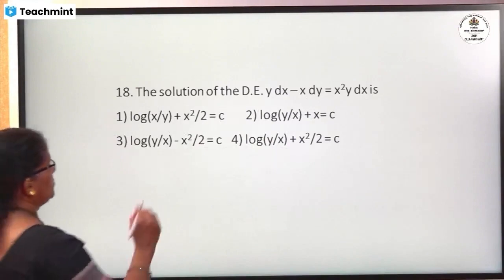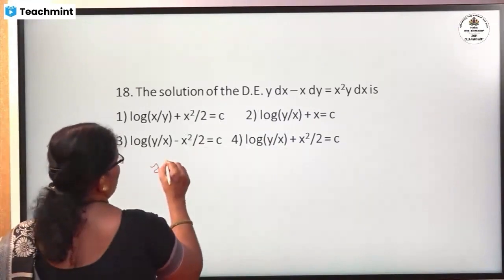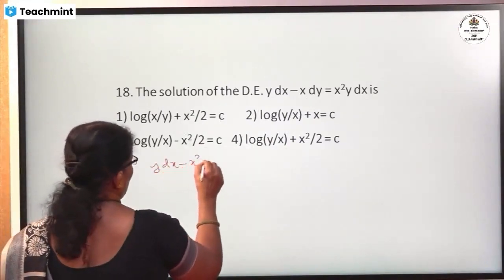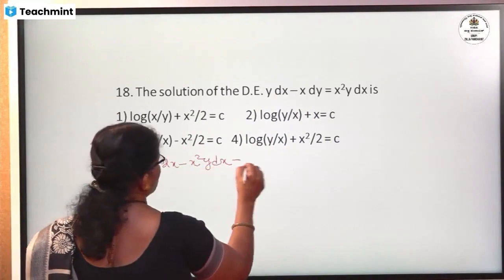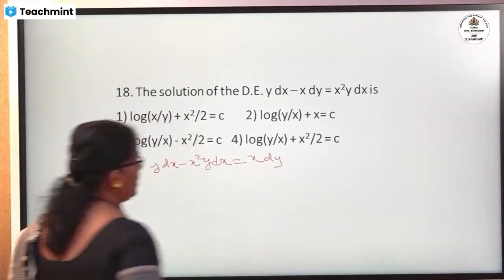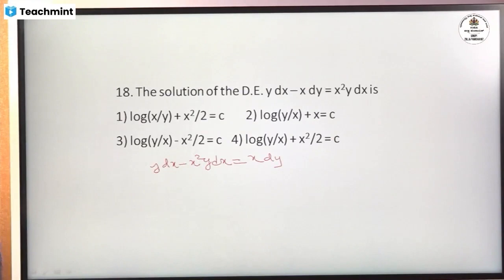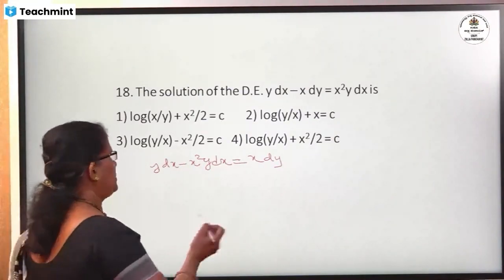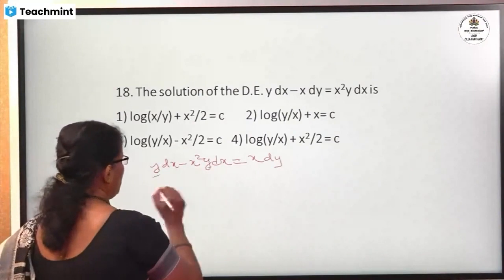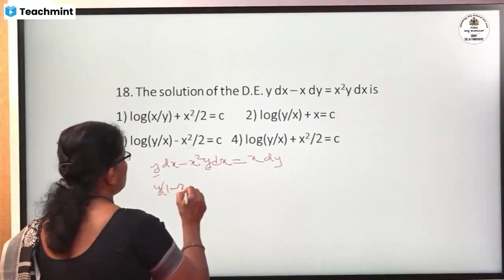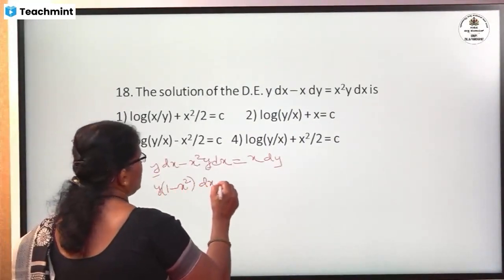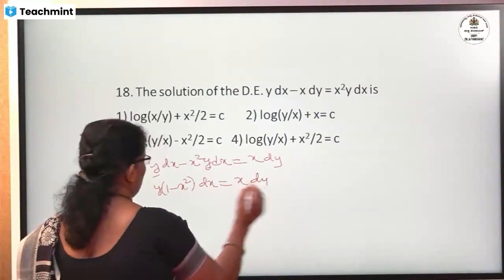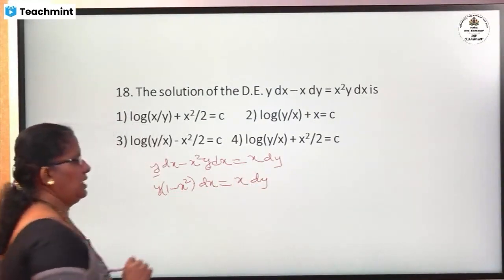Next, y dx minus x squared y dx equal to x dy. So what I have done here, I have taken dx terms on one side, dy terms on the other. From these two terms, can I take y outside? What will I get? 1 minus x squared into dx.